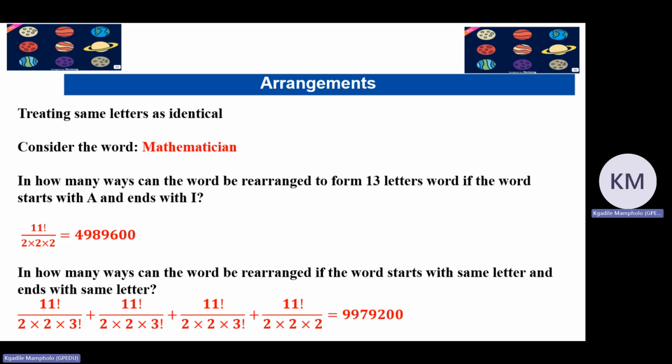Now, in how many ways can the word be arranged to form a 13-letter word if words start with A and end with I? If you check here, A will be fixed, I will be fixed. Now, we'll play around with 11 letters, hence 11 factorial. So if we start with A, we no longer have 3 A's that are repeating. We'll have only 2 A's that are repeating.